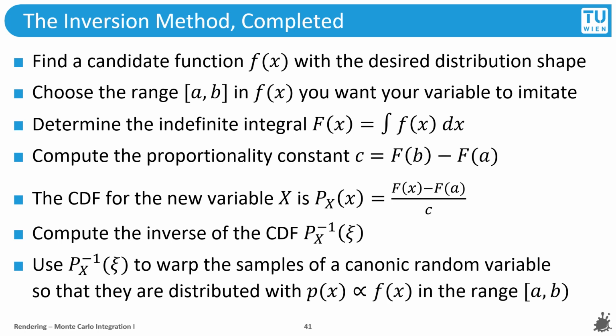We find the proportionality constant and the final CDF by subtracting the offset and dividing by c. We then invert the CDF, and from now on we can use the inverse to compute warped samples with the desired distribution by using samples from the canonical random variable as input.